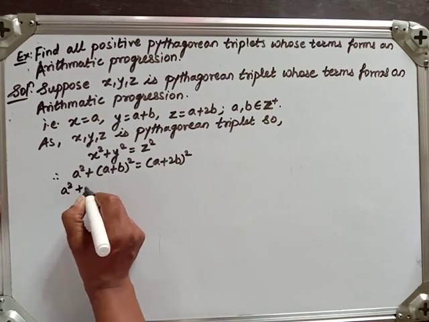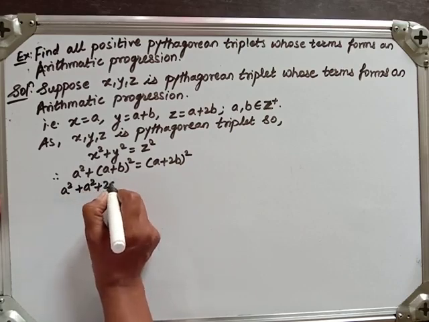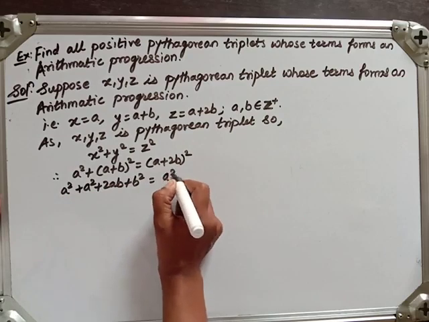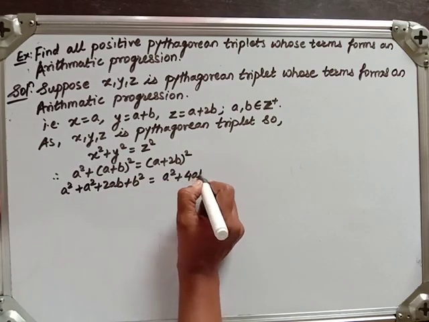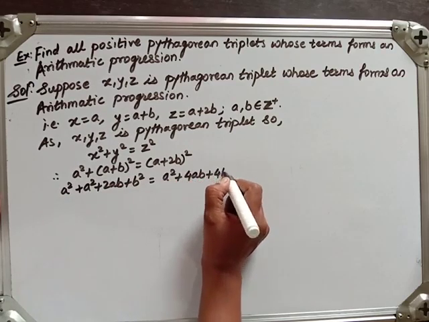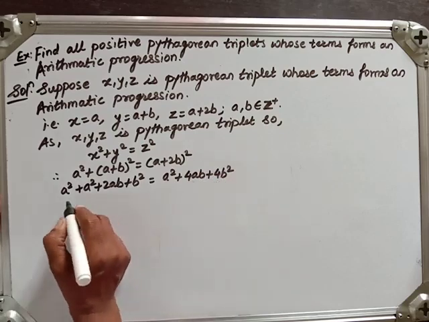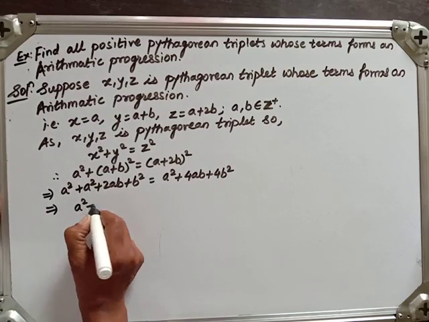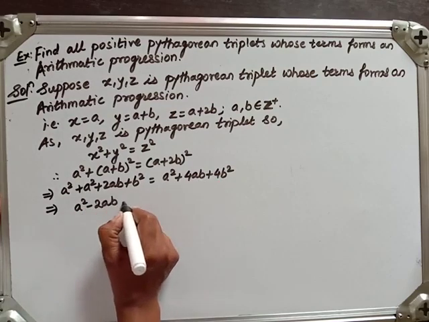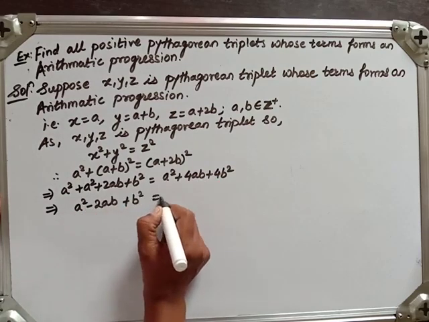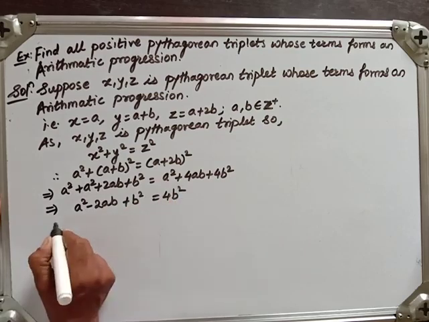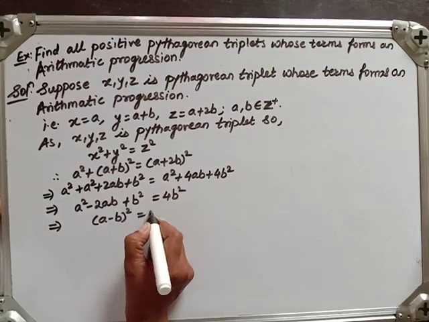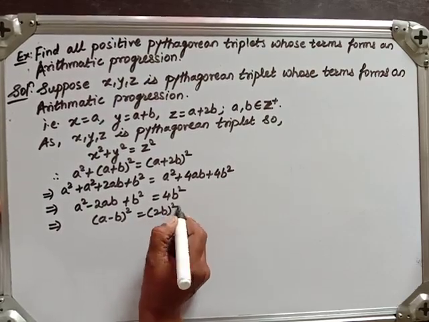A square plus 2ab plus b square equal to a square plus 4ab plus 4b square. So, this gives a square minus 2ab plus b square is equal to 4b square.